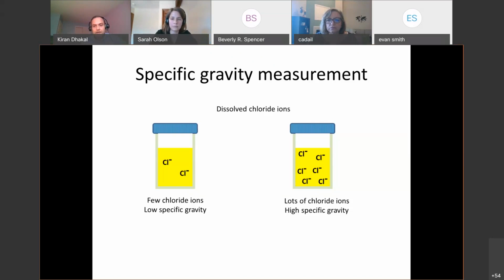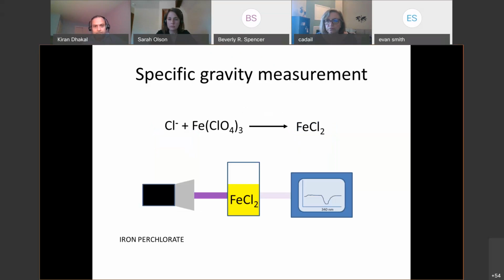Chloride ions are present in our body. Chloride ions come from our salt intake as well. When we have few chloride ions, it will give a low specific gravity. When we have a lot of chloride ions, it will give a high specific gravity. In other words, chloride ion concentration is a proxy for specific gravity.